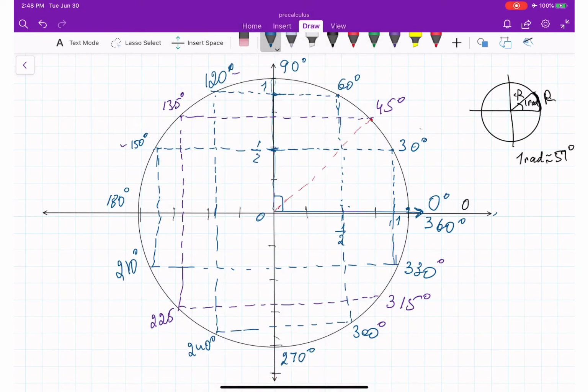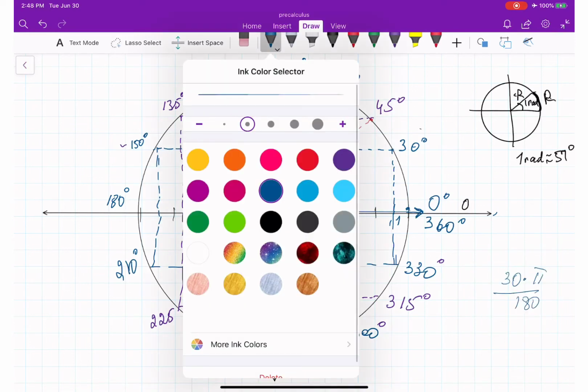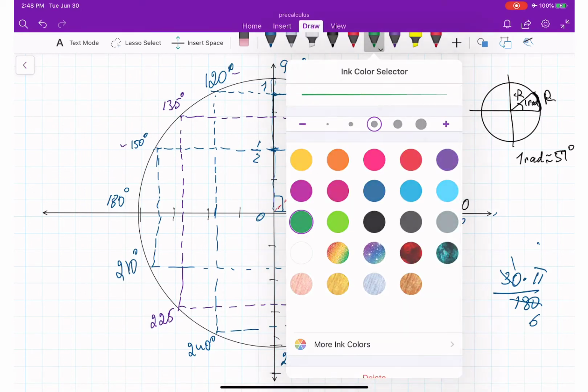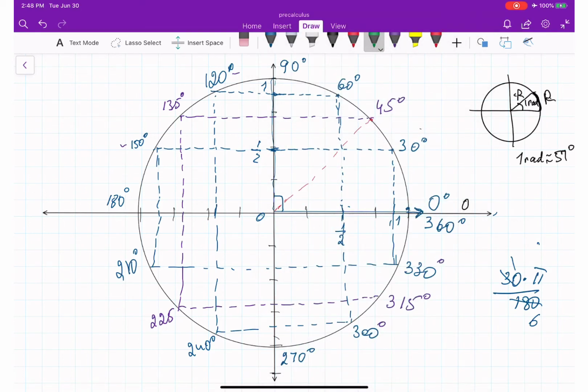To convert any degrees to radians, we need to take that degree, in this case 30, and then times pi over 180. Pi over 180. This is 1, this is 6. And the answer is going to be pi over 6. So 30 degrees is going to be pi over 6.